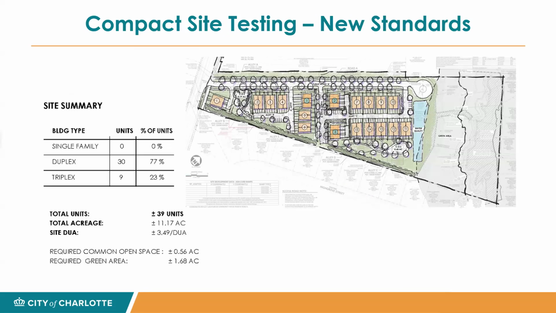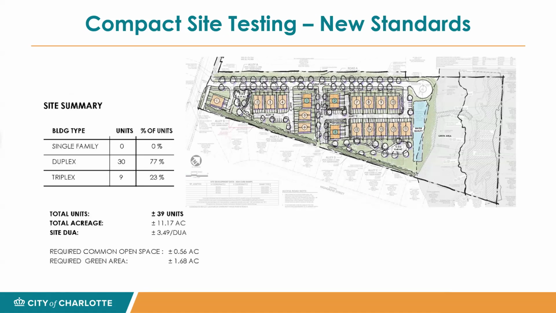So again, we've been testing, we probably tested 10 to 15 different sites. This is a different site and we're looking at what the yield might be here. This site was getting about 39 units with the new changes.